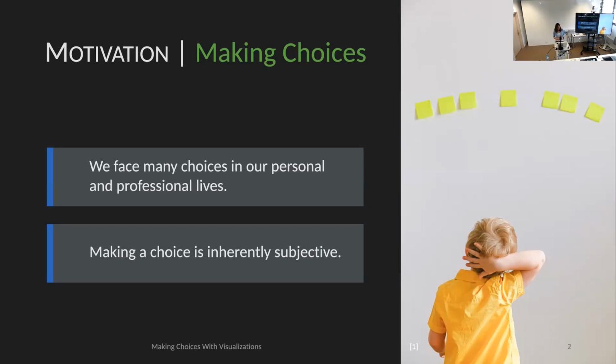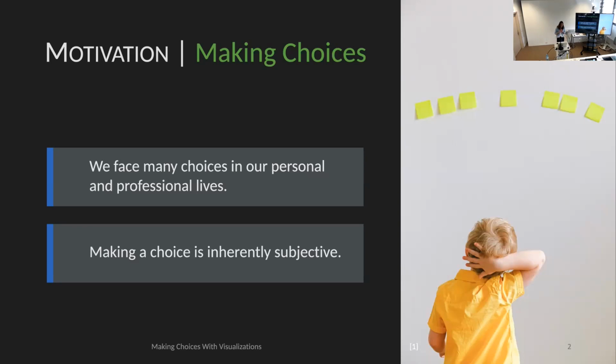Think of your last holiday stay, for example, where you needed to choose a hotel, or think of an engineer who needs to choose which prototype out of many should be taken to production. The common ground here is that each option is valid in its own way, and we need to trade off properties to come to a conclusion. And this requires human judgment.